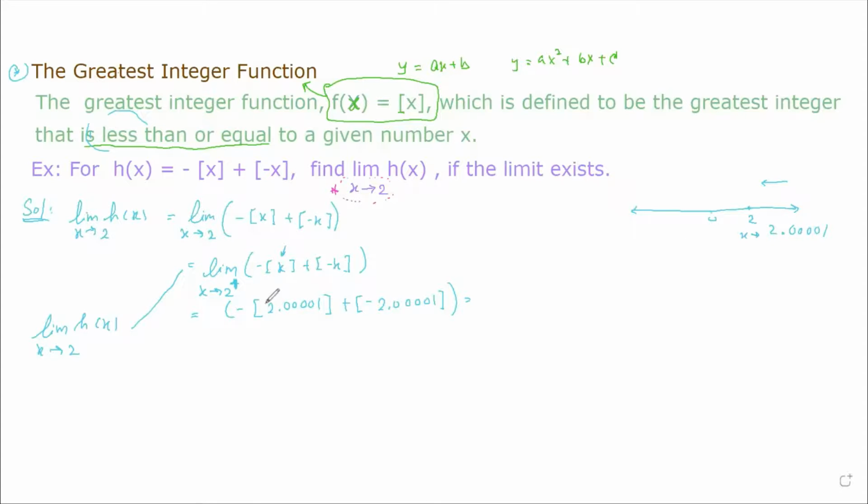So we read the first one, 2.00001, the greatest integer. The integer less than 2.00001 is what? It is 2, correct? So we write this one as a 2.